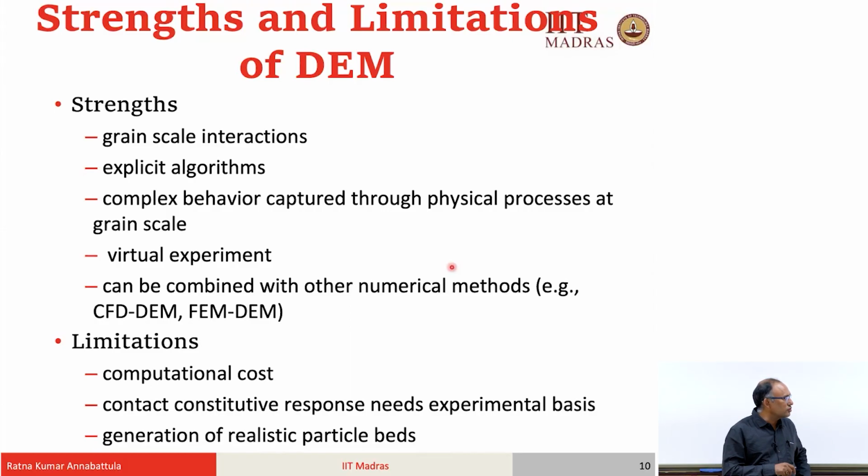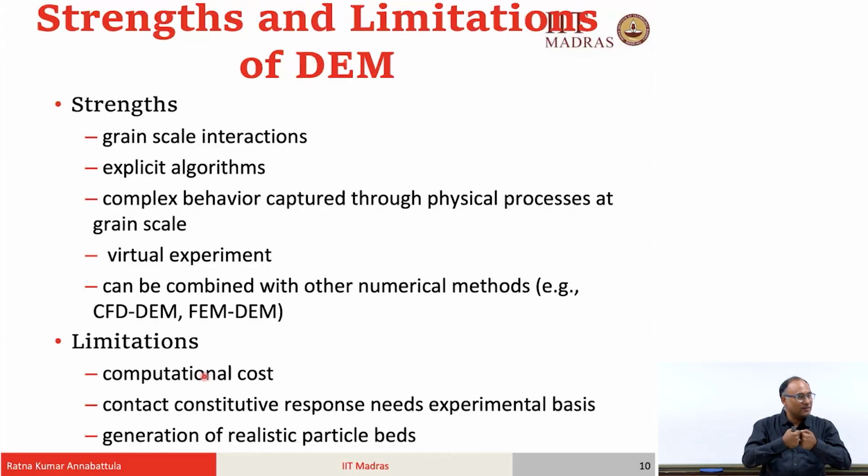And contact constitutive response, for example, you are talking about particle interactions, right, particle-particle interactions. We do not know what this particle-particle interaction is. So, now the question is, how do we get this particle-particle interaction? Suppose steel and steel are interacting, steel and copper are interacting, steel and thermocol are interacting, how would you write the contact constitutive relation?